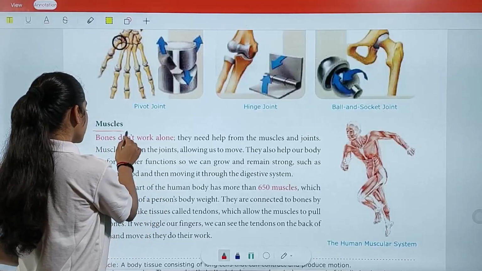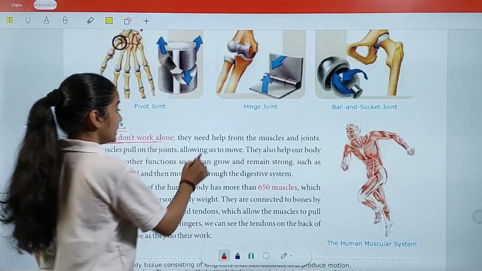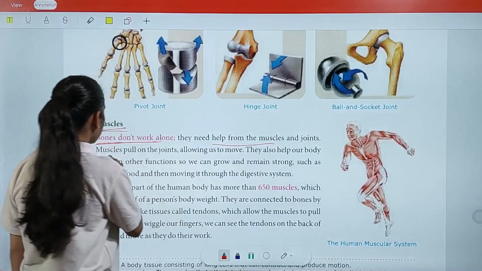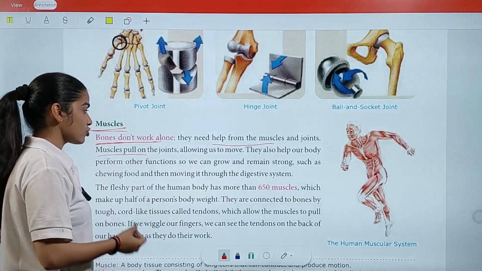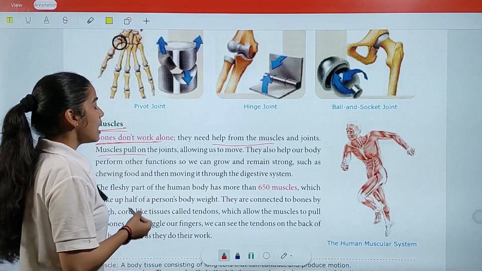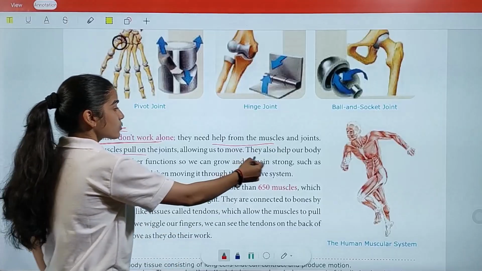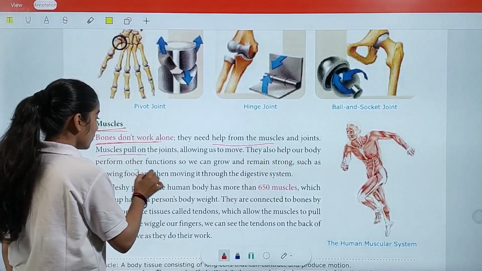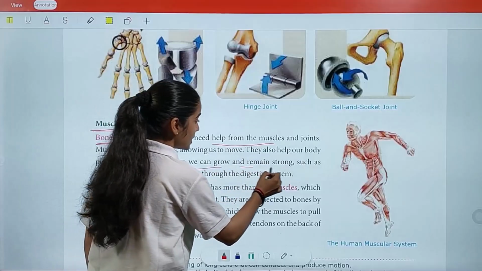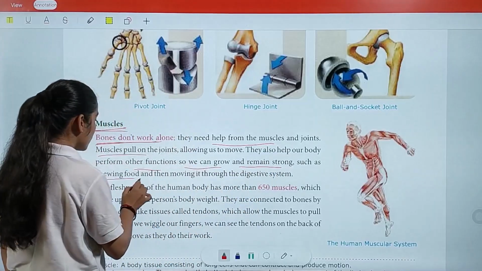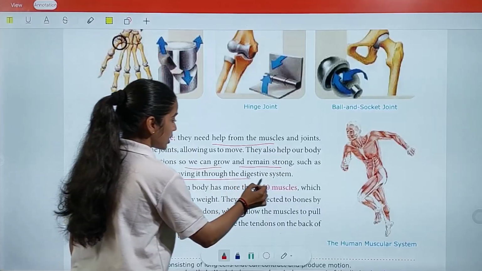Now we have muscles. Bones don't work alone. They need help from the muscles and joints. Muscles pull on the joints, allowing us to move. They also help our body perform other functions so we can grow and remain strong, such as chewing food and then moving it through the digestive system.